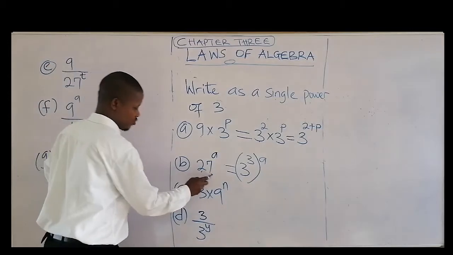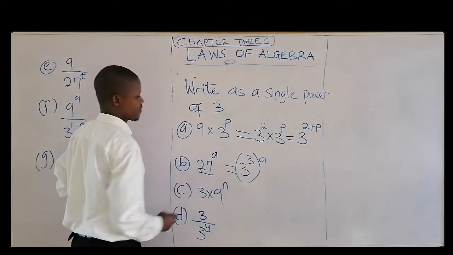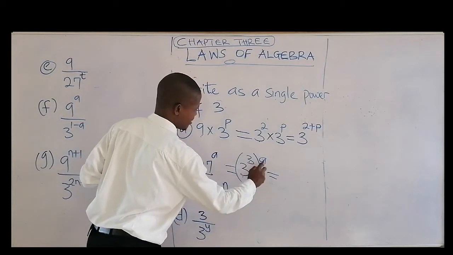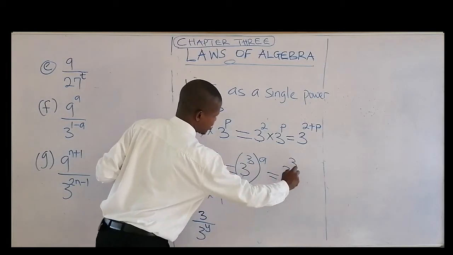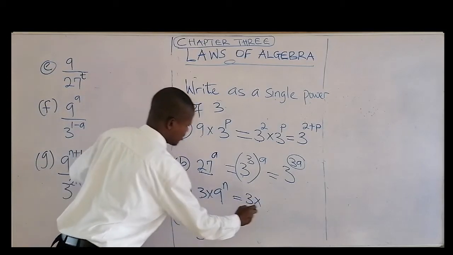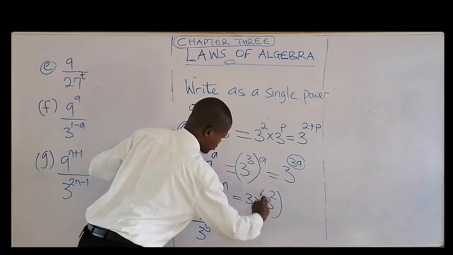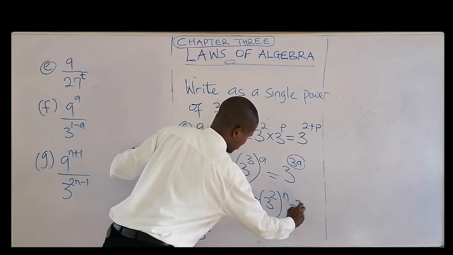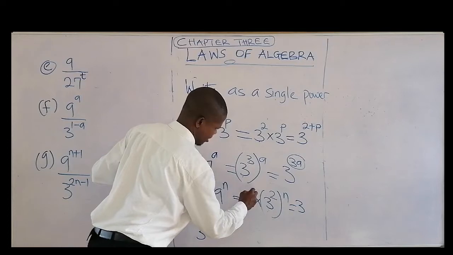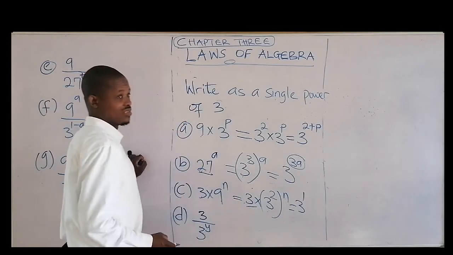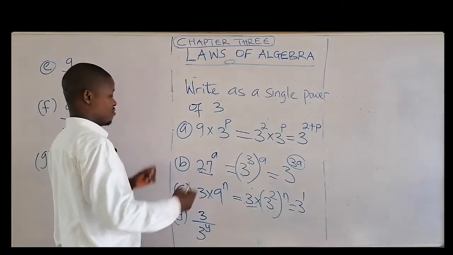The second one, 27 is 3 to the power 3, times 3 to the power 2n. So this will be equal to this times this. That's 3 times 9, which is 3 to the power 2. This 3 has power 1, because naturally all numbers carry a power of 1.